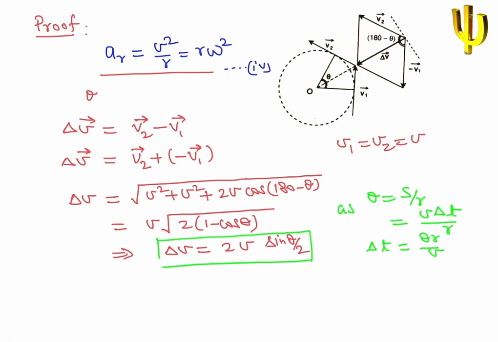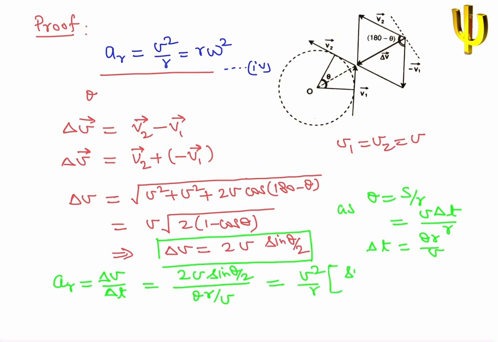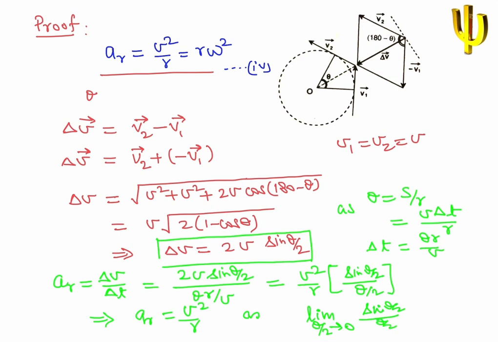Now using the two equations we can write for the radial acceleration AR is equal to delta V divided by delta T is equal to 2V sin theta by 2 divided by theta r by V, which is equal to V square by r into sin theta by 2 divided by theta by 2, or AR is equal to V square by r, as in the limit theta by 2 tends to 0, sin theta by 2 divided by theta by 2 tends to unity.